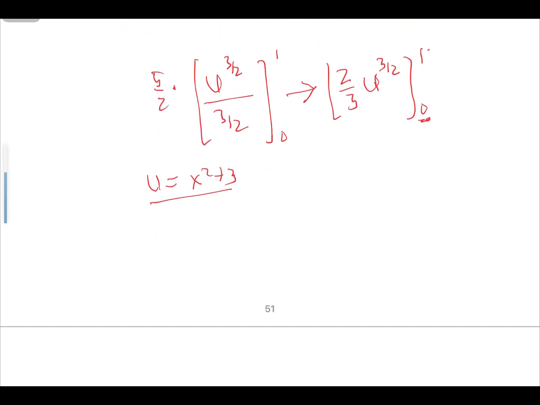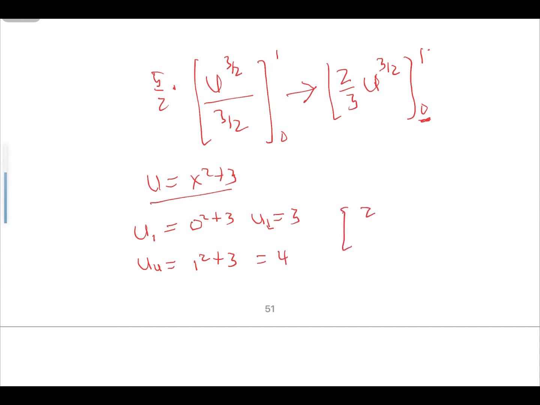So I need to do some change of limits. At 0, our u lower equals 0 squared plus 3, and therefore our u lower equals 3. Then our u upper is equal to 1 squared plus 3, which is equal to 4.